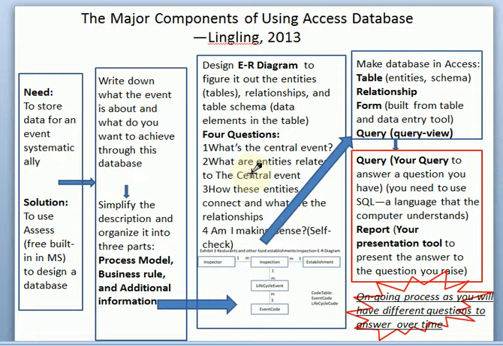What are the entities related to the central event? Inspector, and then parking space. And how do these entities connect, and what are the relationships? When we ask these 3 questions based on the description we have, we'll pretty much come up with an ER diagram that looks like this.